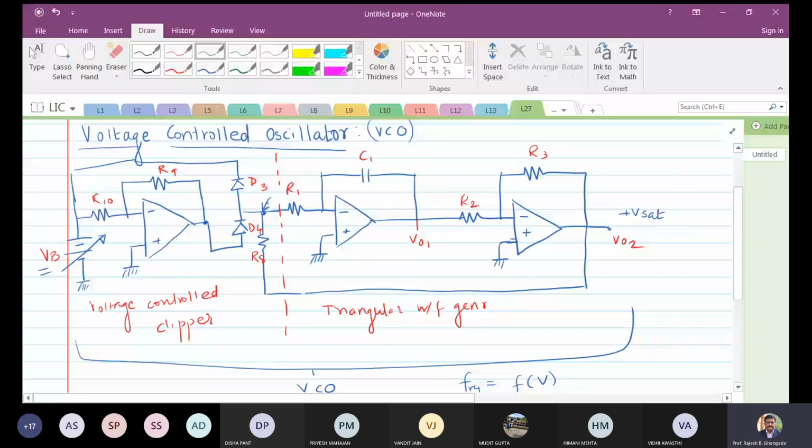Above this VB plus VD3, because the moment it tries to reach above VB plus VD3, this diode D3 will turn on, will get forward biased, and it will clip the voltage. We have already seen the voltage clippers, no, guys? Yes, sir. It is very similar to that. In fact it is called an active clipper. We have already seen the passive clippers in EDA. So it is exactly like that. The only thing that is happening here is that this positive peak voltage over here is prevented.